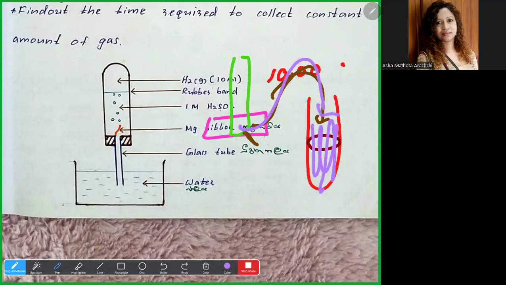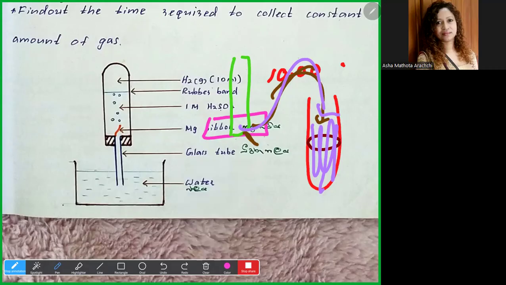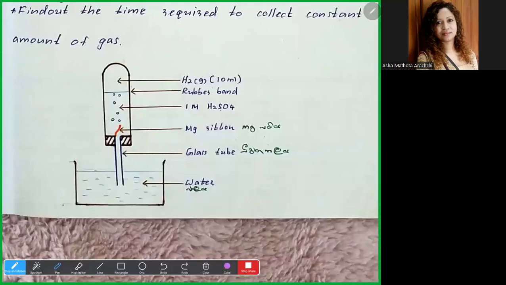When we make this upside down, right at the moment we are mixing these two together, it starts to bubble. Right at that moment, we start the stopwatch, and we measure the time until this water level goes down to this rubber band. There. Then we are measuring the time taken to fill 10 cubic centimeter of H2 gas.